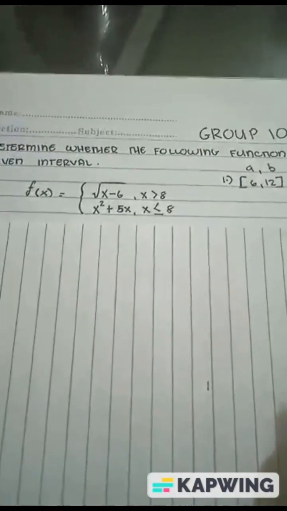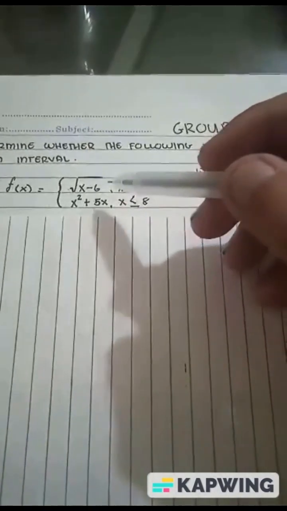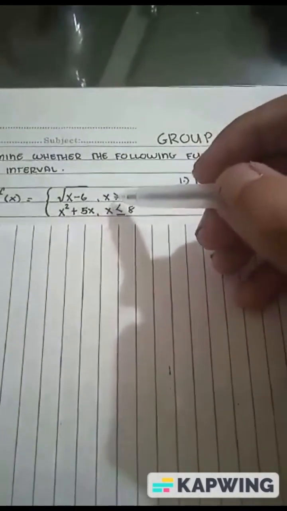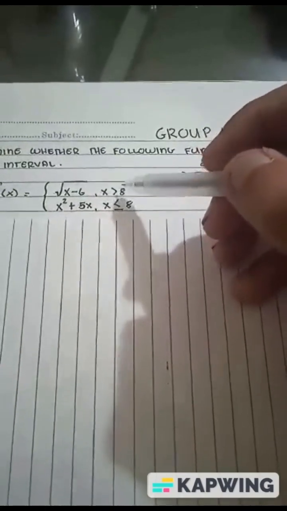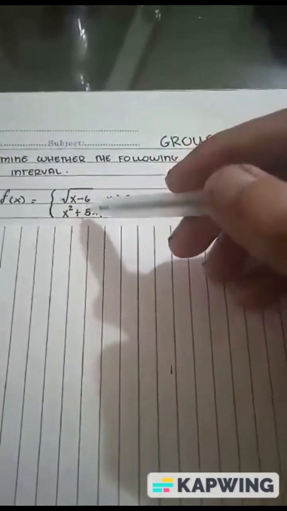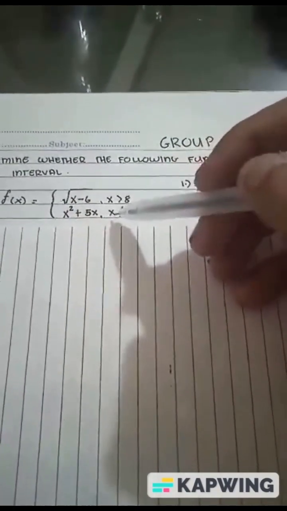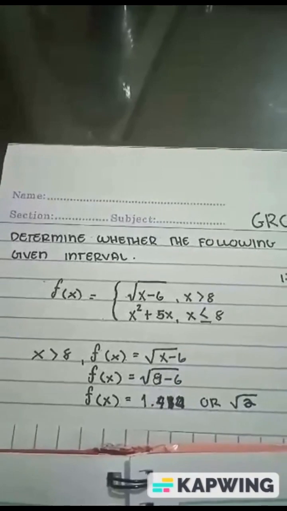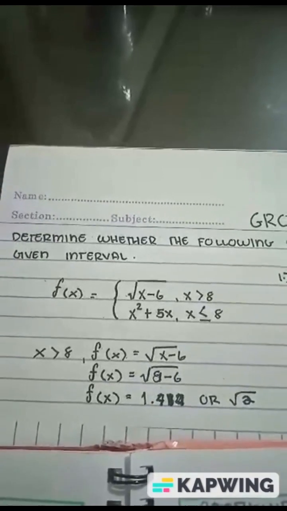And the function that was associated with it is f of x equals the square root of x minus 6 if x is greater than 8, and x squared plus 5x if x is less than or equal to 8. Determine whether our intervals are continuous.